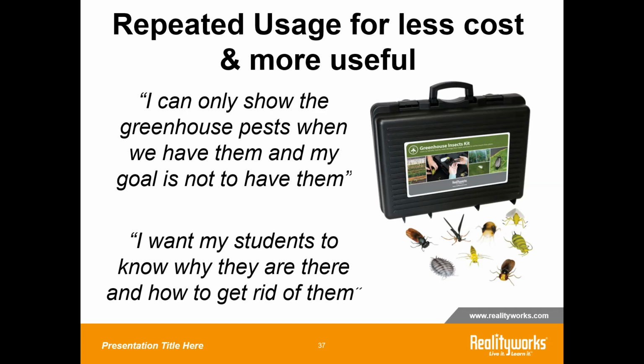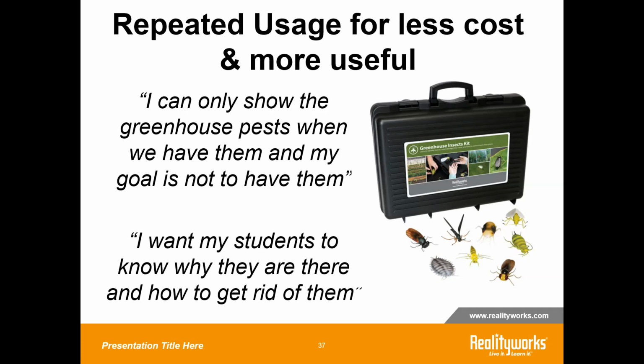What does that do? It allows teachers to be able to teach on these different insects. Tell students what the causes could be, what the issue might be with the plants that these insects cause, and then how to take care of them. What do you need to do to be able to not have this in your greenhouse?